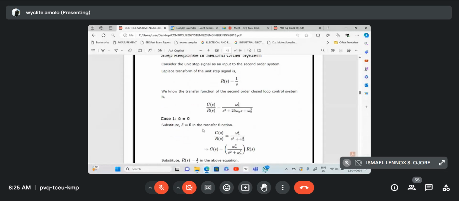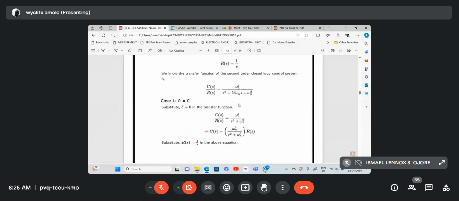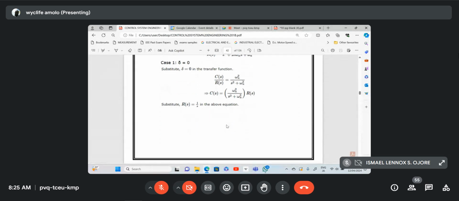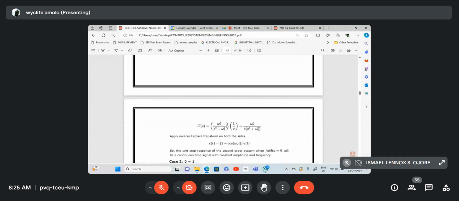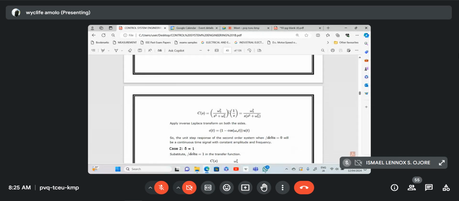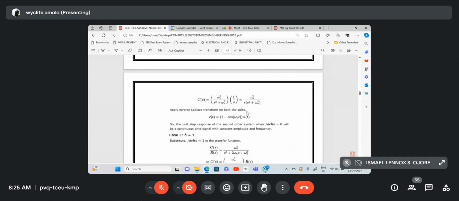So when z is equal to 0, you substitute z is equal to 0 in the transfer function, then this part is going to be 0. So you remain with this kind of thing. So C of s is equal to this function multiplied by R of s, cross multiply. Then you'll get that the equation will look like this.